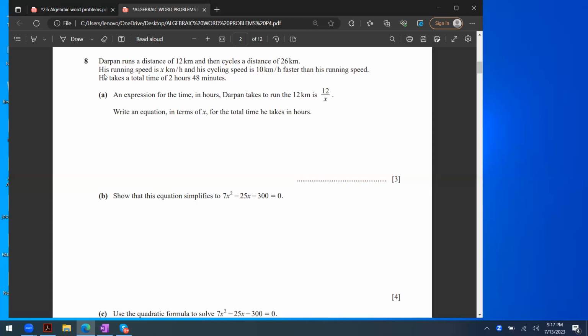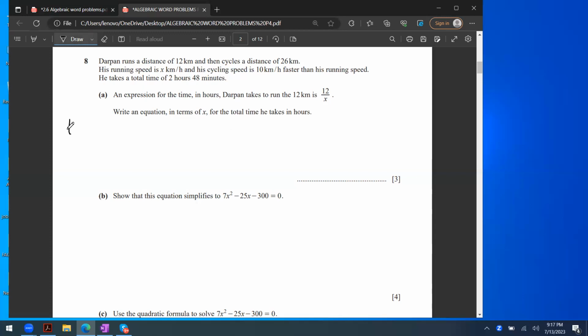Write an equation for the total time it takes. So 12 by x plus 26 by 10 plus x is equal to 2 hours 48. Yes, I think that's fine.